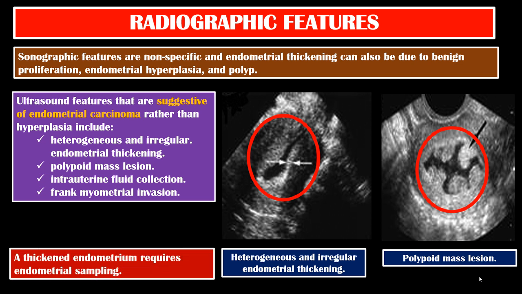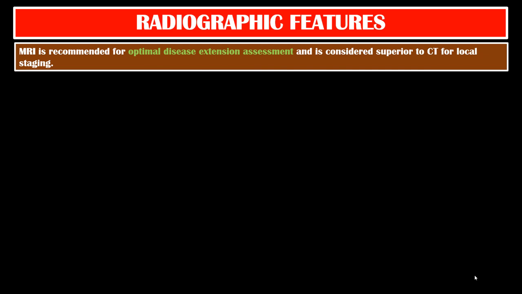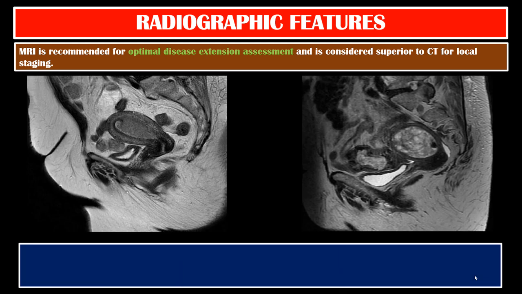A thickened endometrium requires endometrial sampling. MRI is recommended for optimal disease extension assessment and is considered superior to CT for local staging.